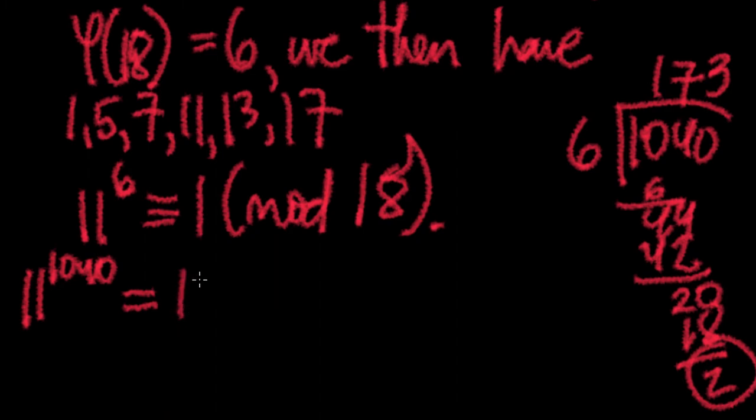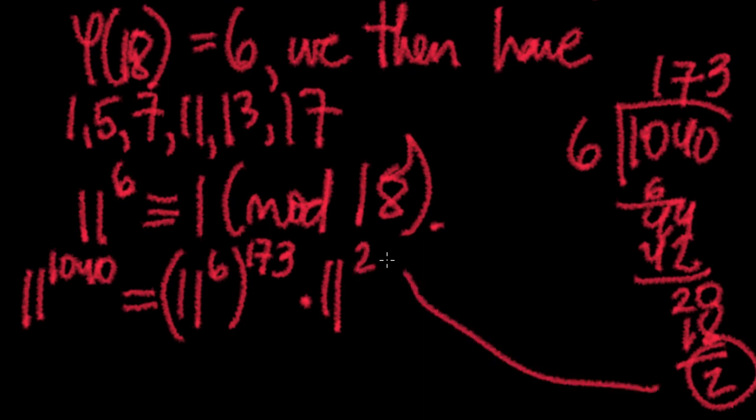So we have 11 raised to 6, all raised to 173 times, since we have a remainder 2, so that's still part of the exponents. So we'll write this as times 11 squared. That's where the remainder comes in. Well, let's continue.